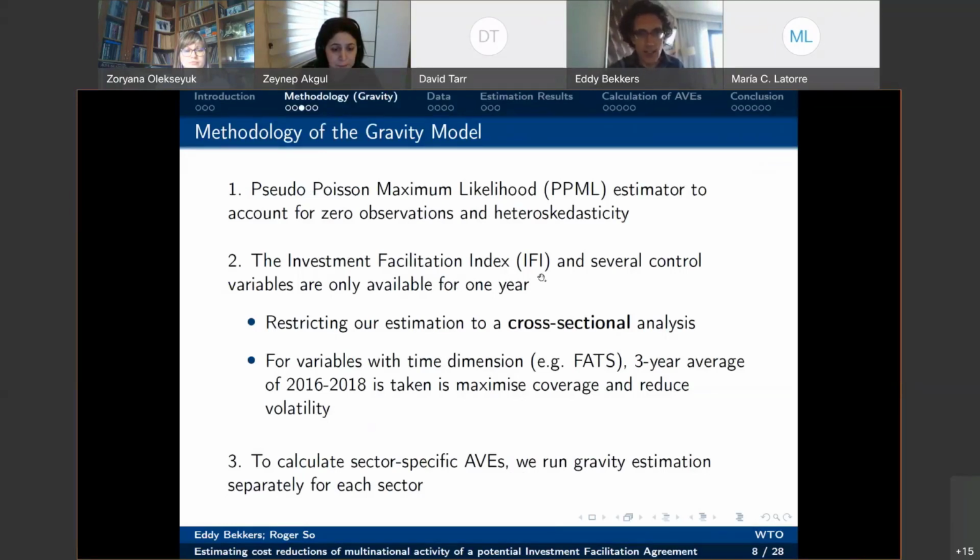The investment facilitation index is only available for one year, so therefore we use a cross-sectional analysis. And to get rid of variations in the data, we take 3-year averages of all our left-hand side and right-hand side variables. And we run the gravity estimation separately for each of the sectors, although we will also present pooled regressions.